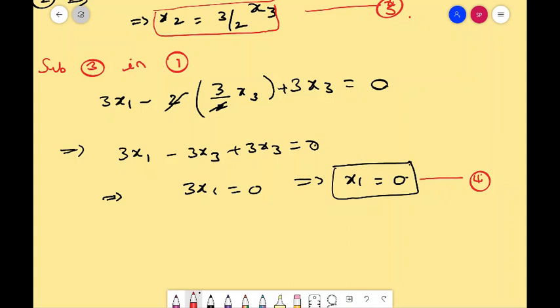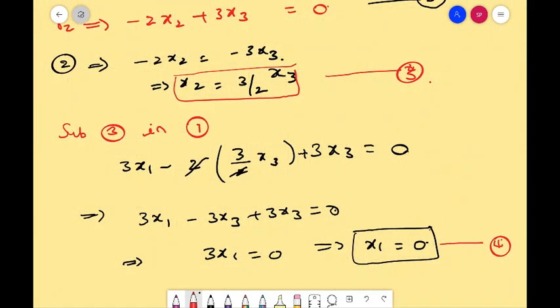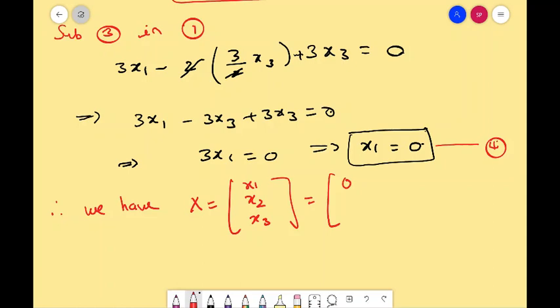We got x1 value. We got x2 in terms of x3. But is there anything else about x3? You cannot decide anything because x2 and x3 depend on each other and x1 is 0. Therefore, we have x equal to x1, x2, x3, which is equal to x1 is 0, x2 is 3 by 2 x3, x3 is x3.